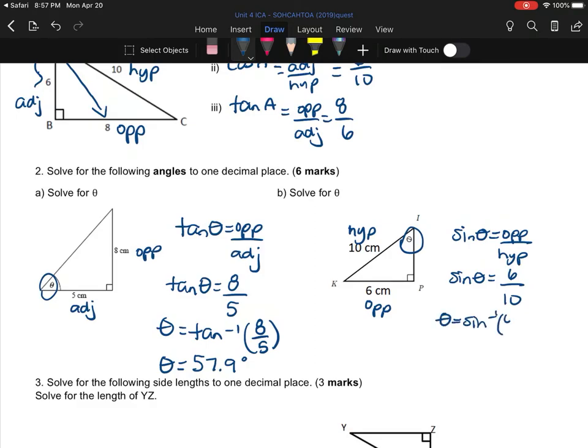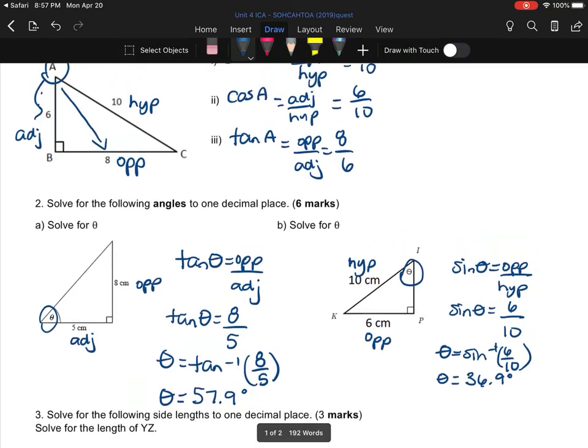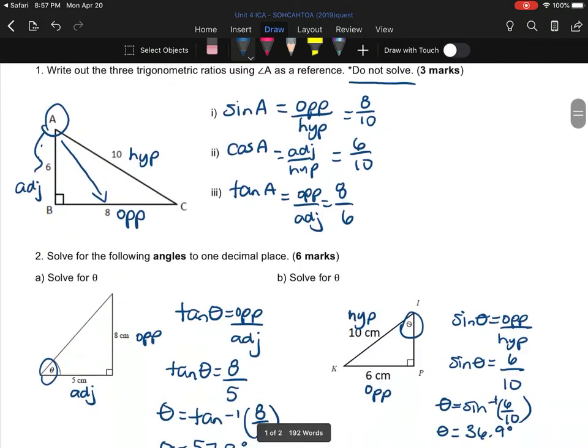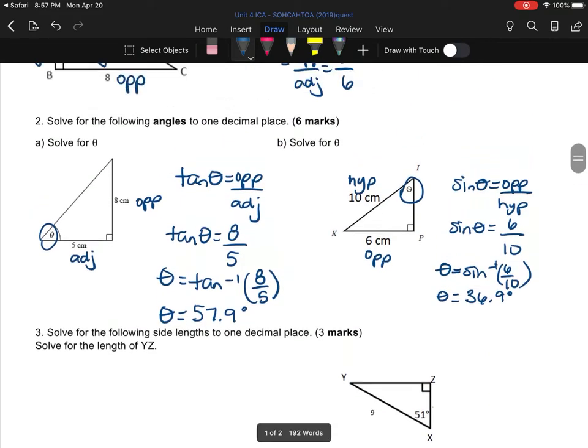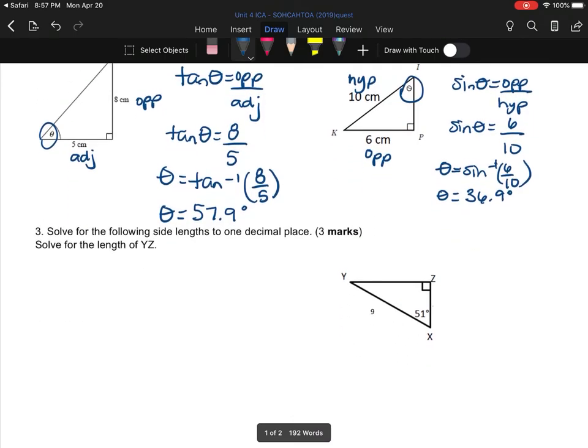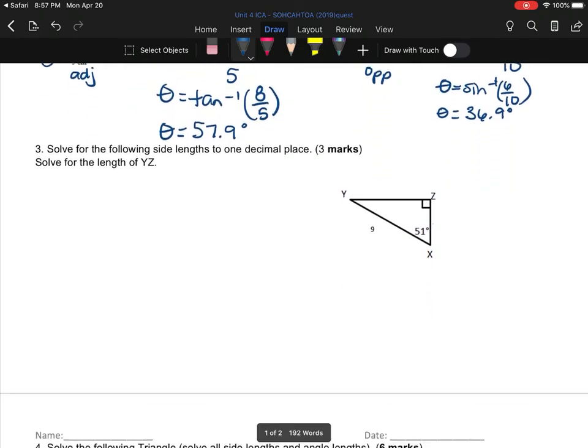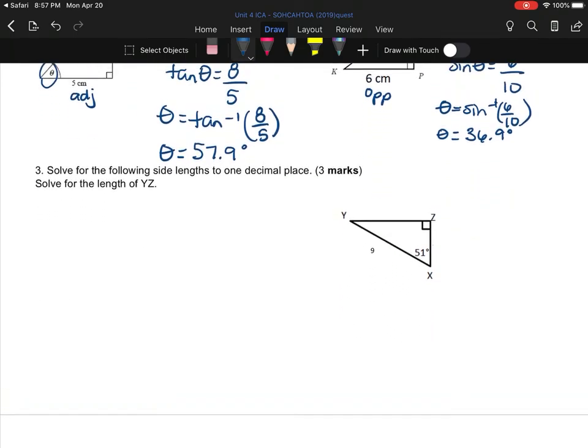Are you going to do 6 divided by 10, or does your calculator put brackets and maybe you just want to leave it like that? It's up to you. Okay, so since it says 6 marks, I'll label all sides. I probably gave them a mark for the labeling and then 2 marks for the work.